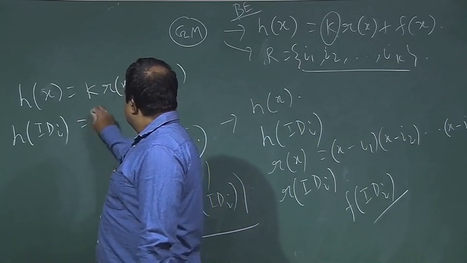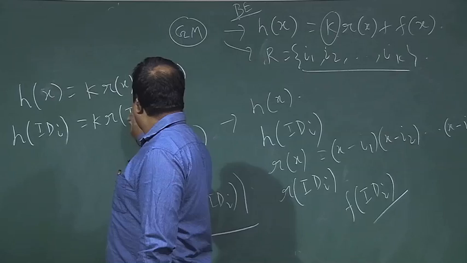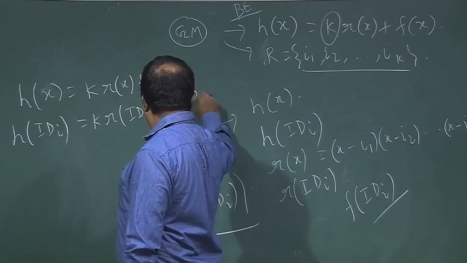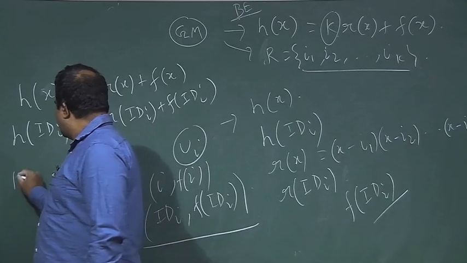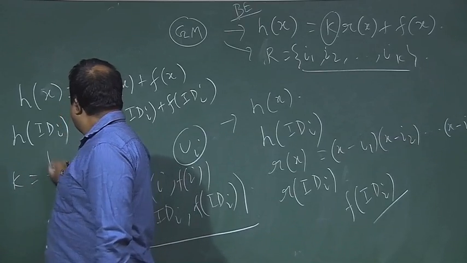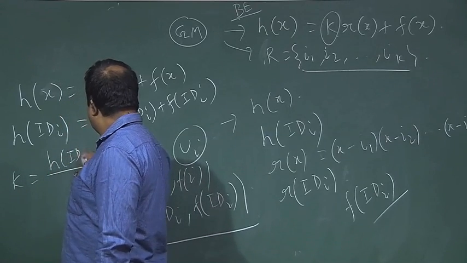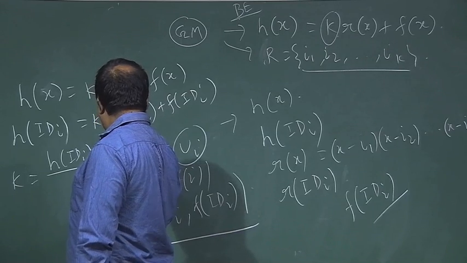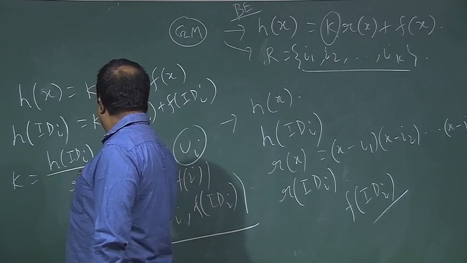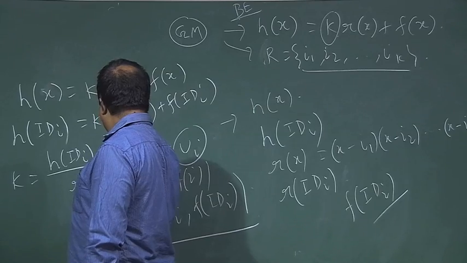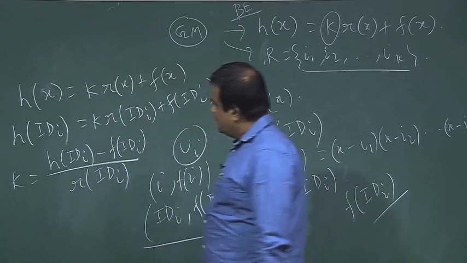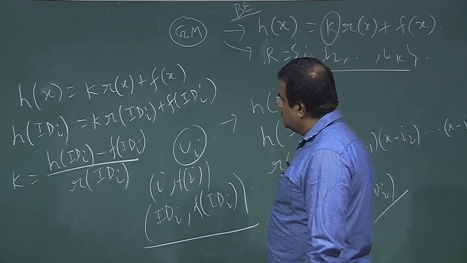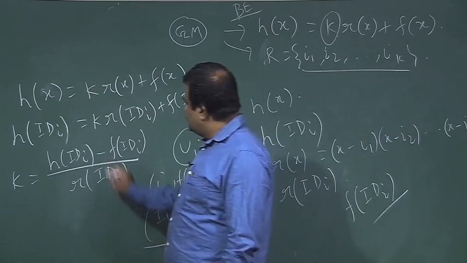So h of ID I is k r of ID I plus f of ID I. From here k is basically h of ID I minus f of ID I, divided by R of ID I.